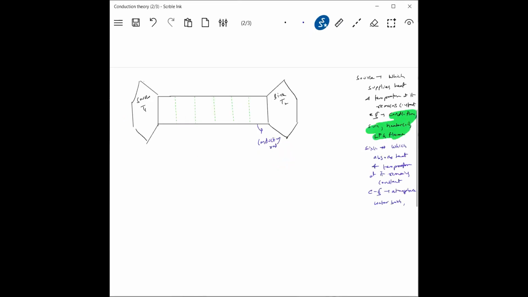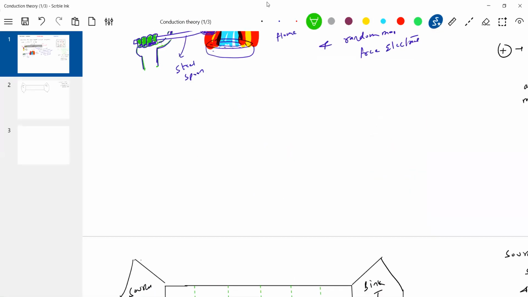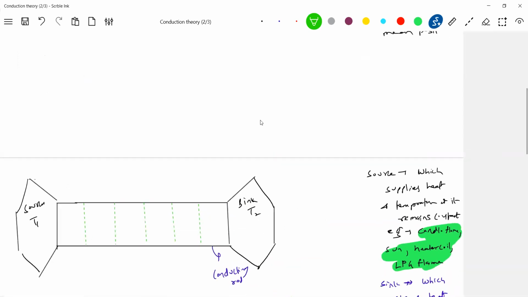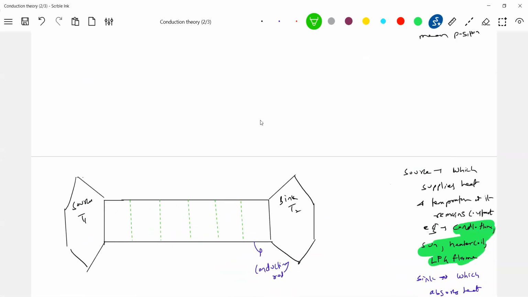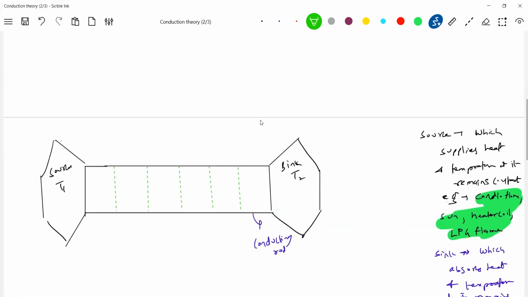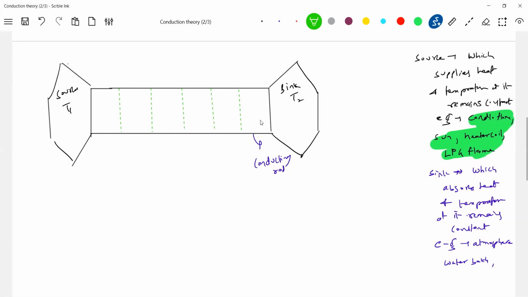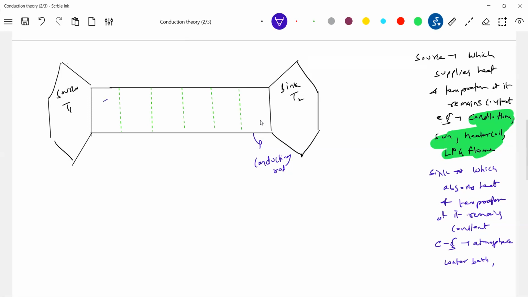So initially, let the temperature of the total rod be T naught. Initially, this is what happens. Then I'll bring it in contact.